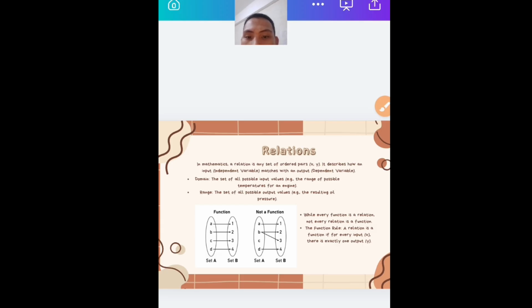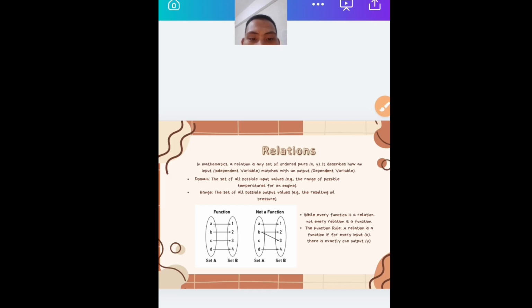Range is the set of all possible output values, like the resulting oil pressure. While every function is a relation, not every relation is a function.